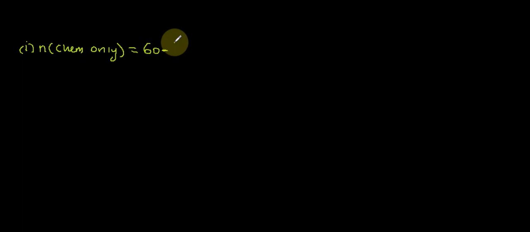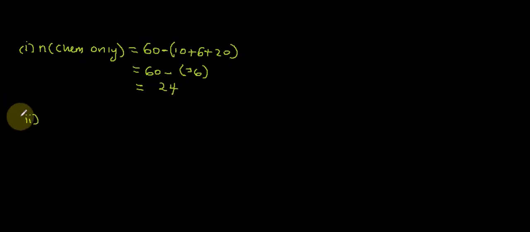So we subtract the number of students offering the three subjects, plus the number of students offering chemistry and physics, which is 6, plus the number of students offering chemistry and biology, which is 20. So we are left with 60 minus 36, which will give us 24.